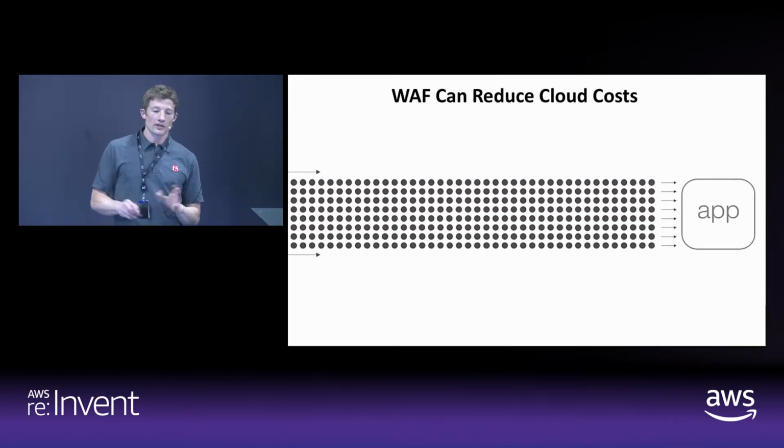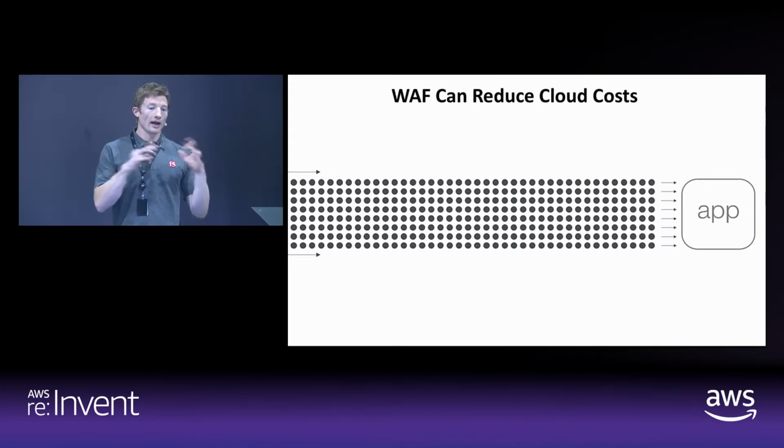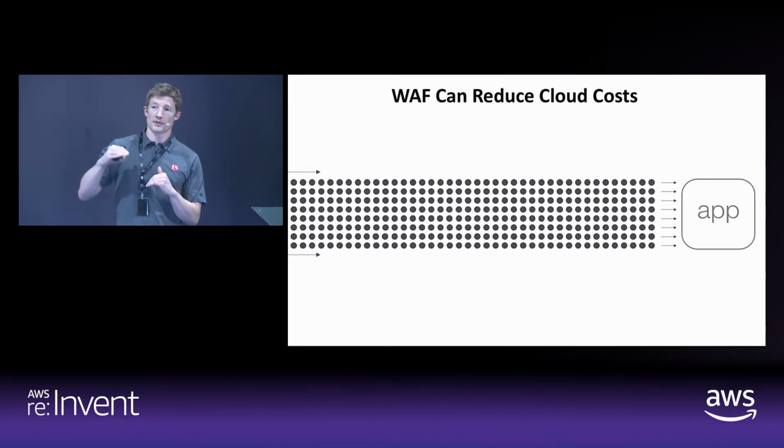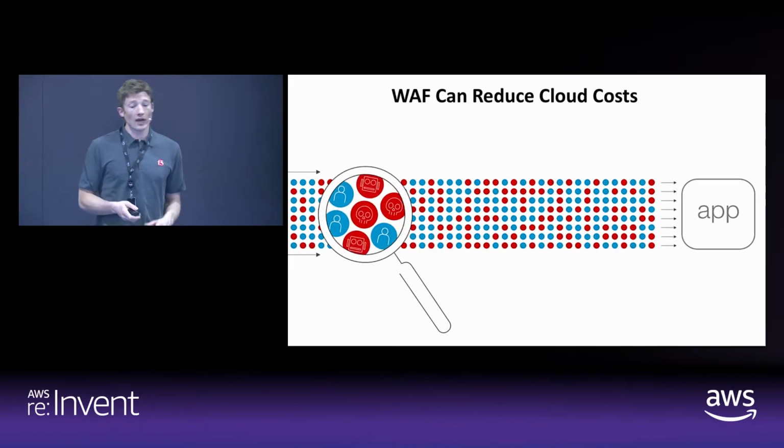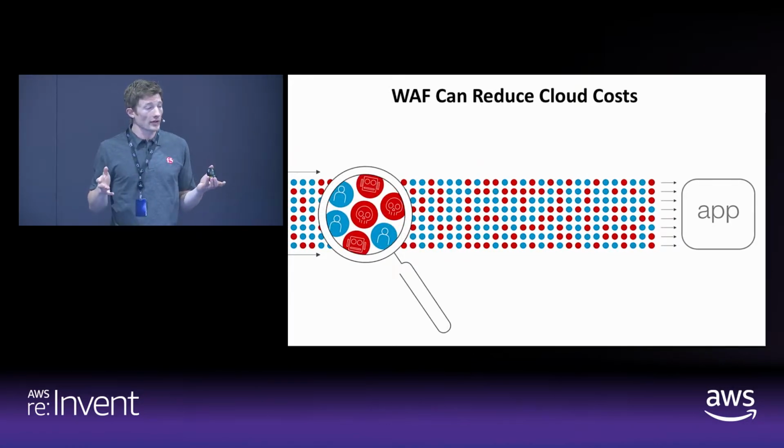Let's take a look at a simplification here. We know that we're going to get X amount of traffic, and autoscale is going to account for the dips and the peaks. But we have to size our apps to handle all of the traffic we're going to receive. On the face of it, all of those requests can look the same.